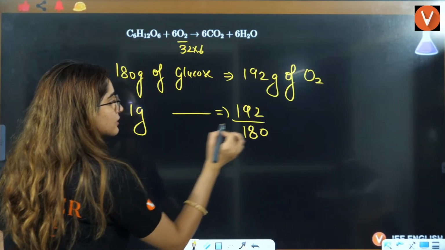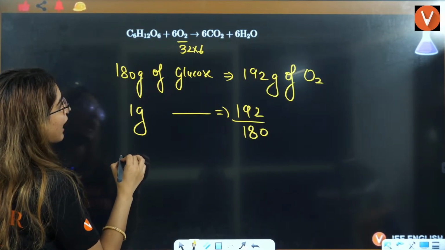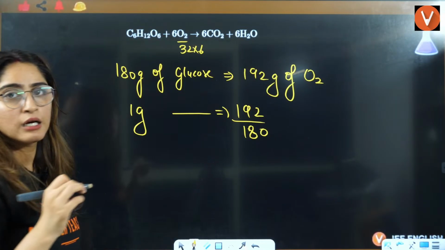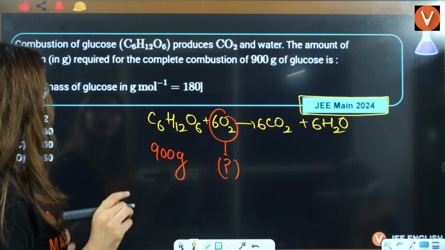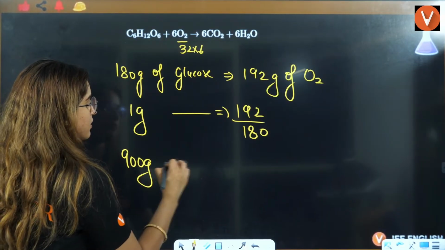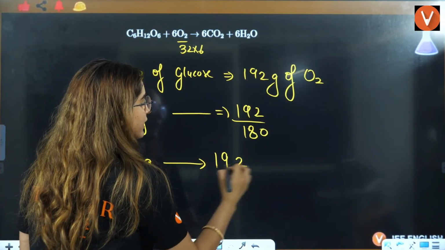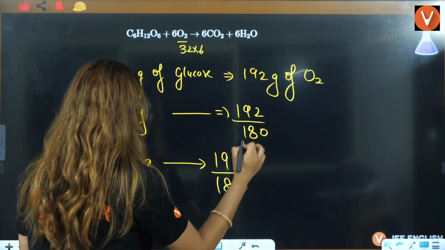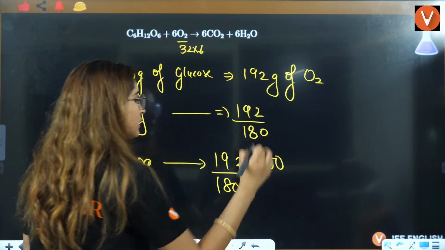Now, to calculate for how much is given to you, 900 is given to you, right? So 900 gram will require 192 divided by 180 multiplied by 900.